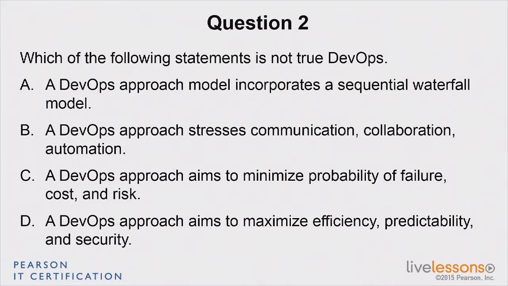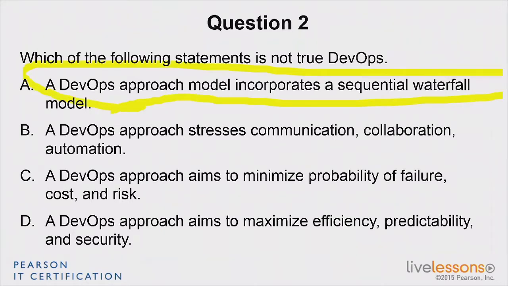So the outlier here would be incorporates a sequential waterfall model. And it would be important to know what a waterfall model here is, or to be able to define sequential, again, which is one step at a time, very isolated. So the statement that's not going to be true is A, that it incorporates a sequential waterfall model.